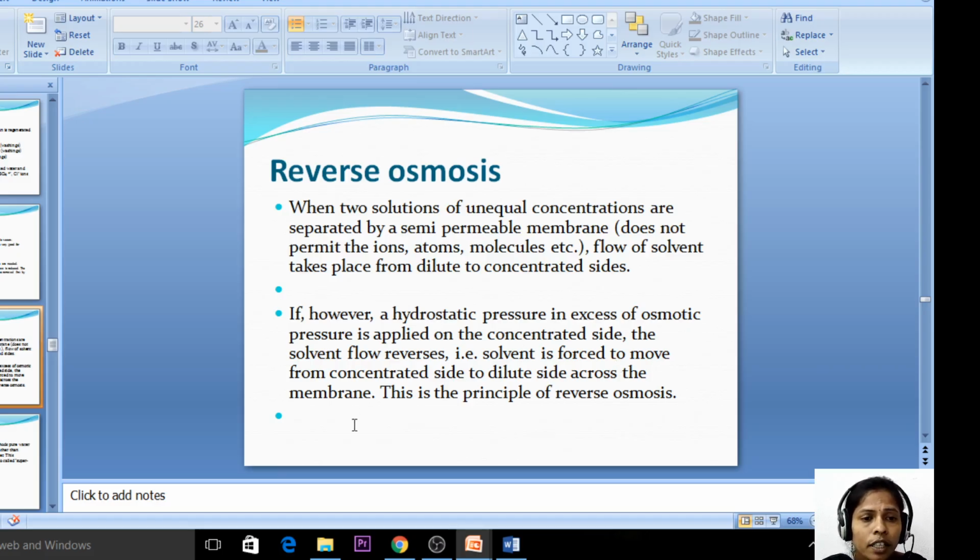So what we are doing here, we are applying more than the osmotic pressure on the high concentrated solution. So what happens here? Now the solvent will be transferred from high concentrated solution to low concentrated solution. This is called the reverse osmosis process. So by using this technique, we are converting seawater to pure water, or else we are extracting pure water from the seawater.